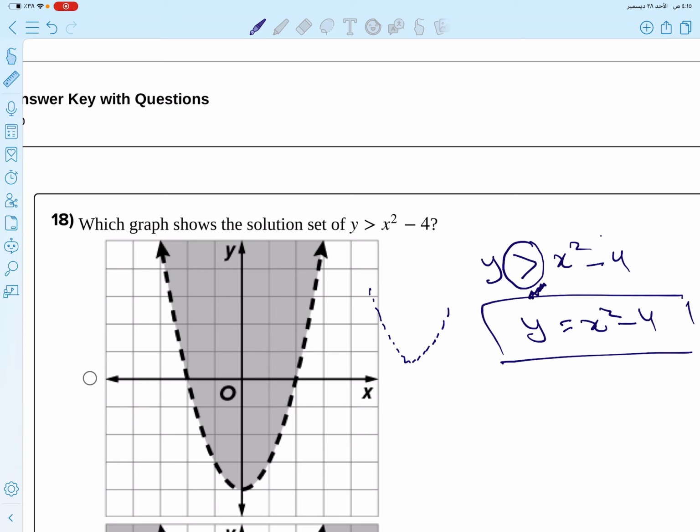The first step, look, the vertex: x equals negative b over 2a is going to be 0. This is the axis of symmetry. When we plug it in, 0 minus 4, it's going to be negative 4. Negative 1, negative 3, 2, 3, 4. And it opens up in this way.